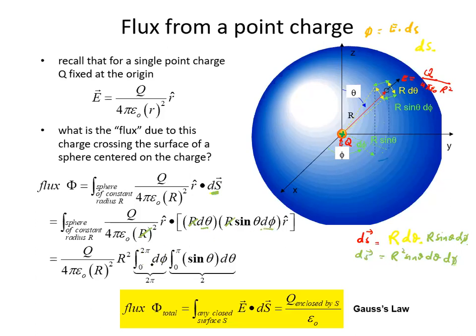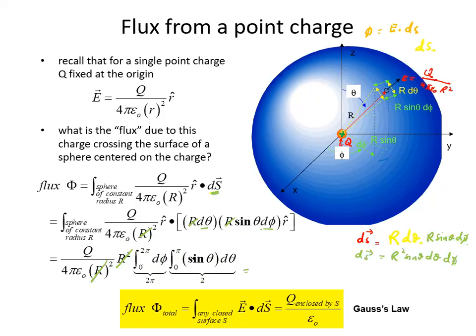So you have d phi going from 0 to 2 pi, and sine theta from 0 to pi. Integral d phi from 0 to 2 pi is of course 2 pi, and integral sine theta d theta from 0 to pi is 2.